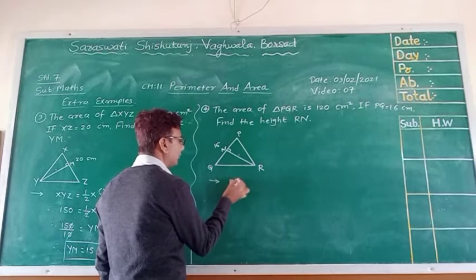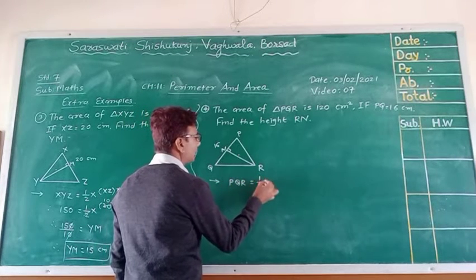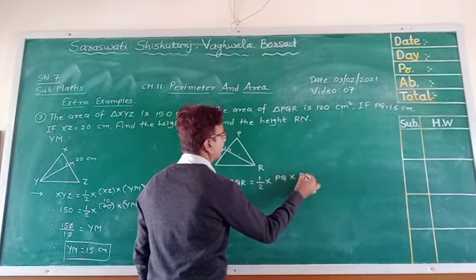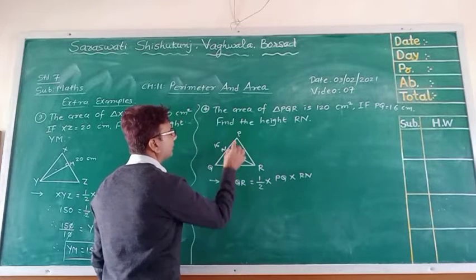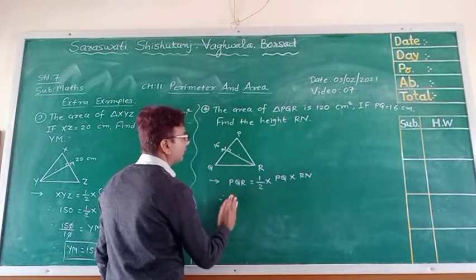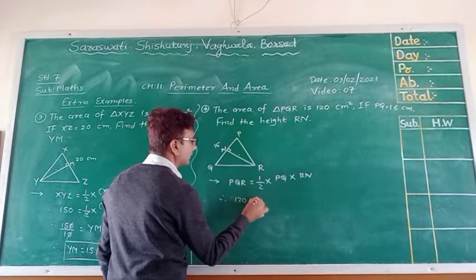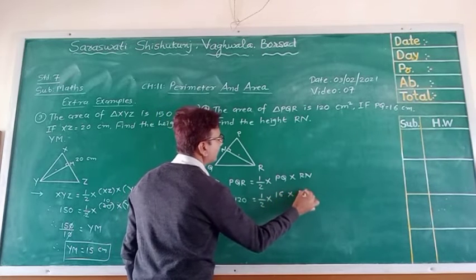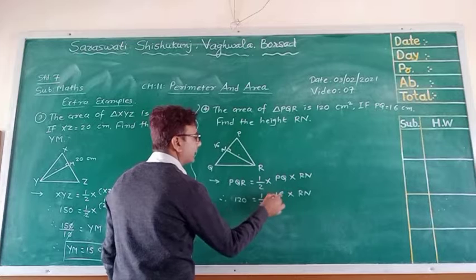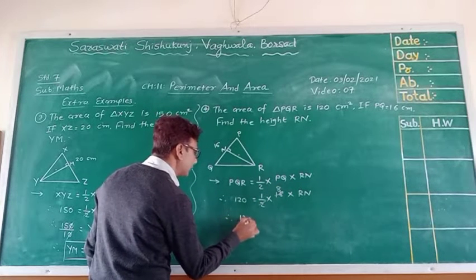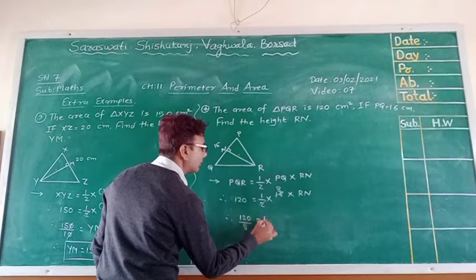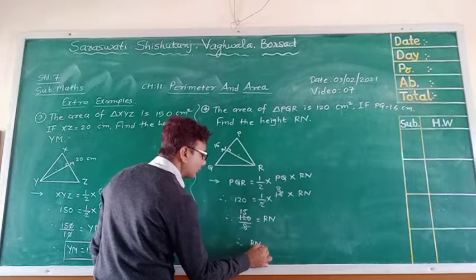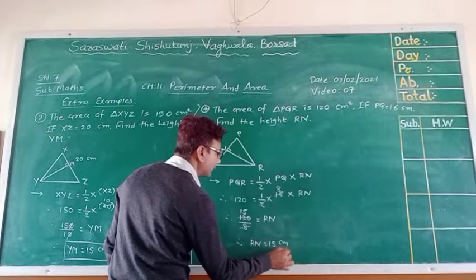So area of triangle PQR equals 1/2 base PQ into height RM. The area is 120 given. So 1/2, PQ is 16 and RM we have to find. 2 8s are 16. 8 goes downside, equals RM. 15 8s are 120. So RM measurement is 15 centimeters.